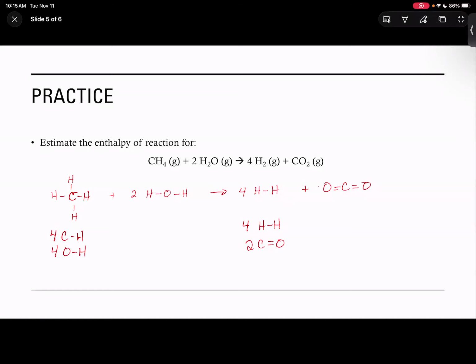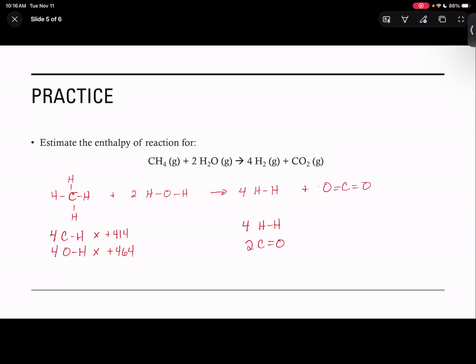Now, looking at the bond energy table, carbon hydrogen is 414. What sign am I going to give this carbon hydrogen? Positive, because it's a reactant. OH is 464, which will also be positive because it is a reactant.